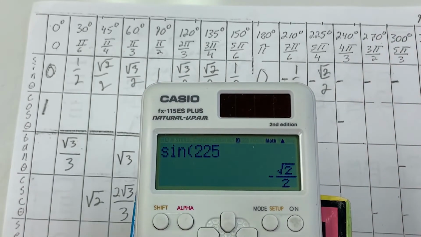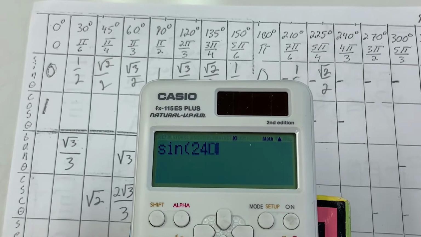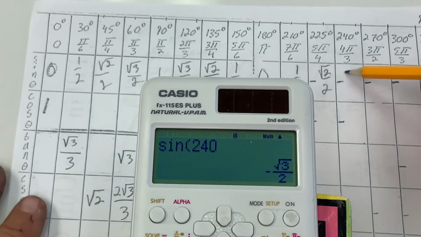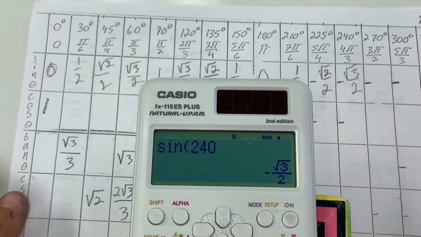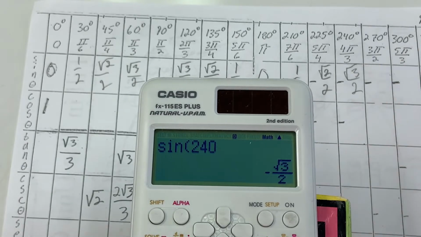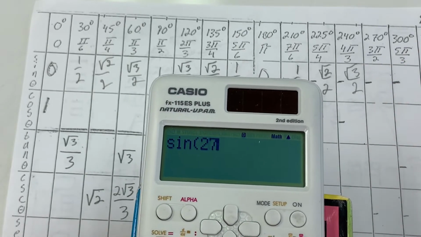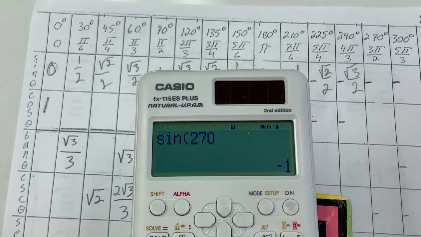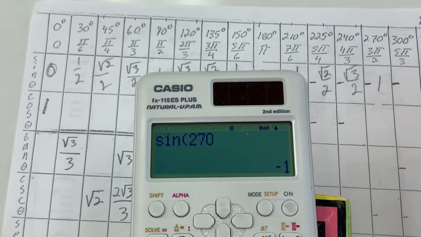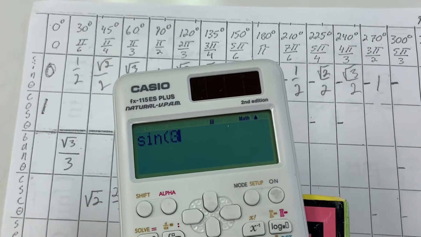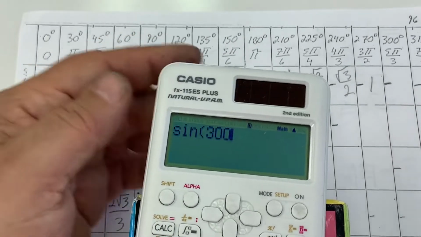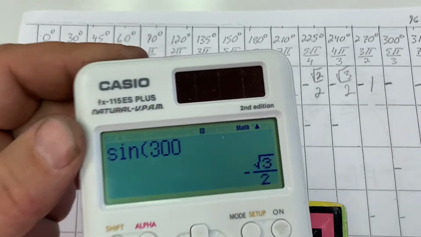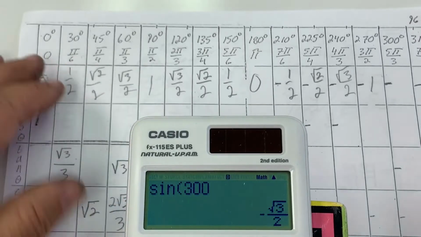Sine of 240 equals negative root 3 over 2. Sine of 270, and that's going to be -1. Sine of 300 equals negative root 3 over 2.